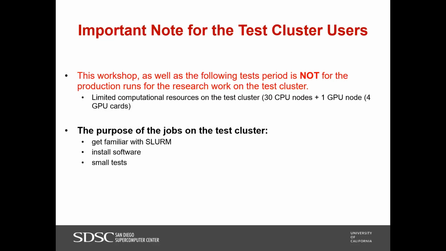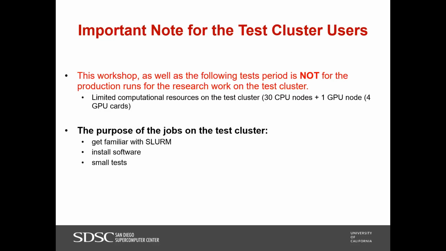Right now, we have about 30 CPU nodes plus 1 GPU node, with only 4 GPU cards on that GPU node. So we are limiting some resource usage, and I will mention this later during the testing period. So please don't run any large productions for your research work on the cluster.